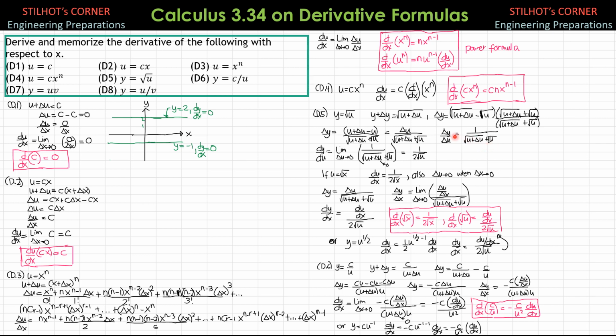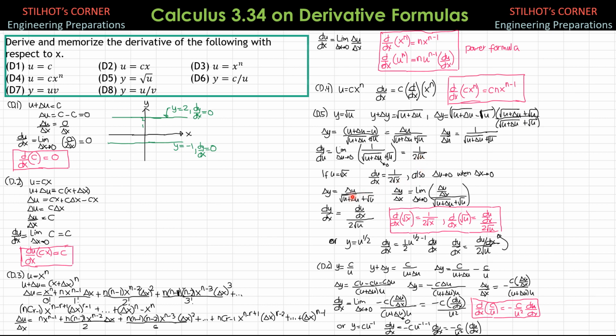So the limit of delta y over delta u as delta u approaches 0 is dy/du. So dy/du is 1 over 2 square root of u, if the variable is u. But if u is replaced by x, or u is square root of x, then du/dx is 1 over 2 square root of x from this result.